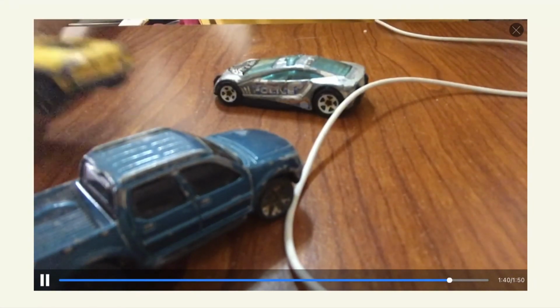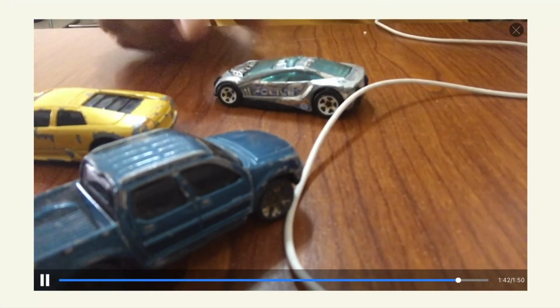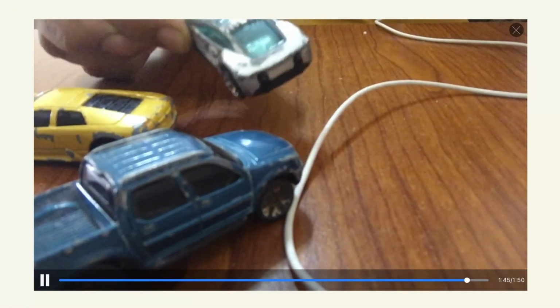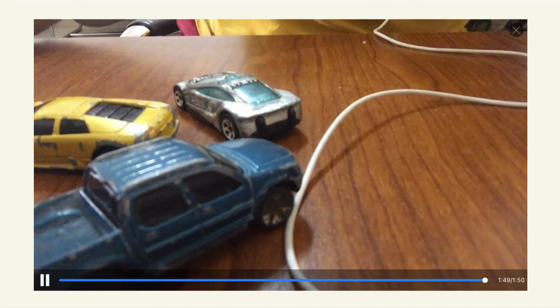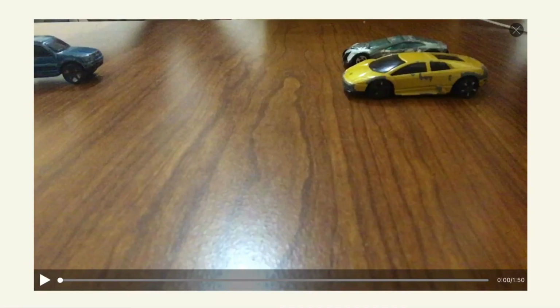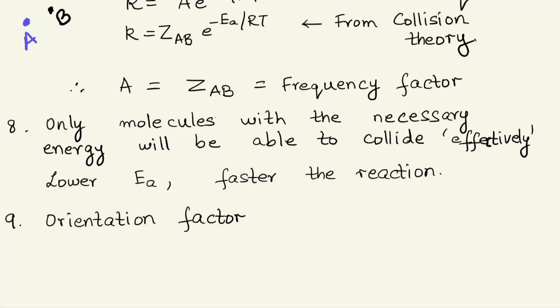That means the collision with the yellow car was effective, whereas the collision with the gray car was ineffective. So I hope this video helps to make the concept of effective collision, ineffective collision, and the most important orientation factor clear to you. But you must be wondering, how do we apply it to molecules?